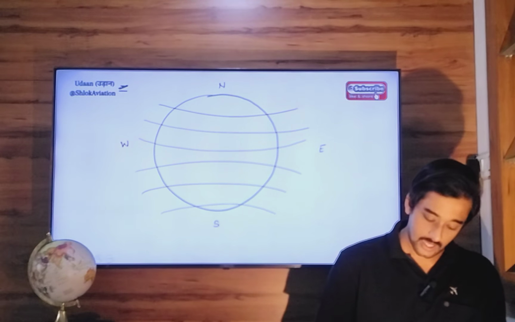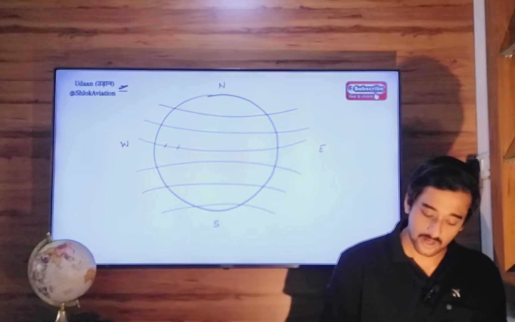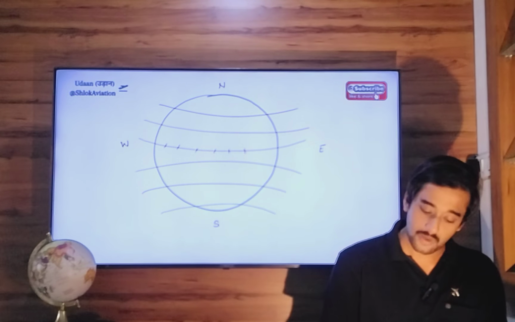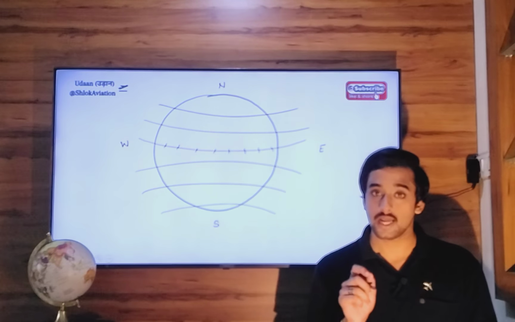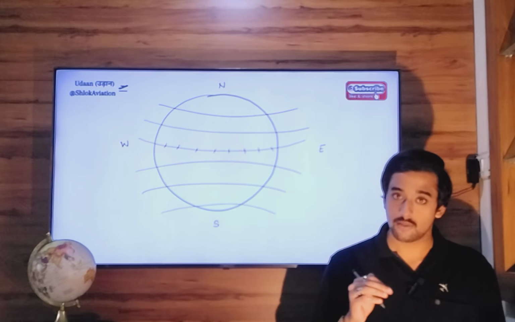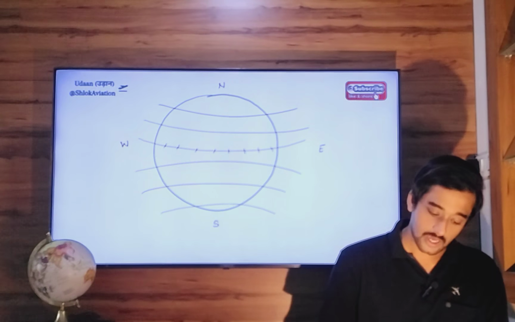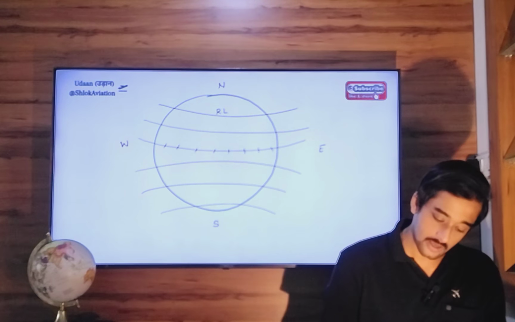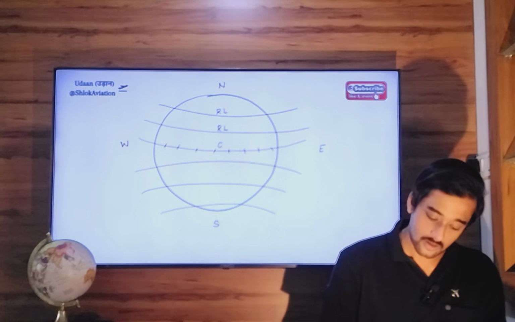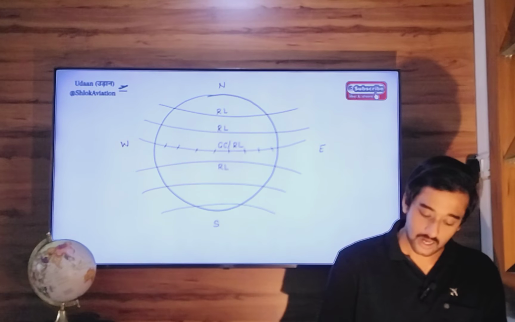Now the equatorial latitude, the 0 degree latitude, is the only parallel of latitude which is both a great circle and a rhumb line. All other latitudes apart from the equator are rhumb lines only, because rhumb lines are lines of constant direction.